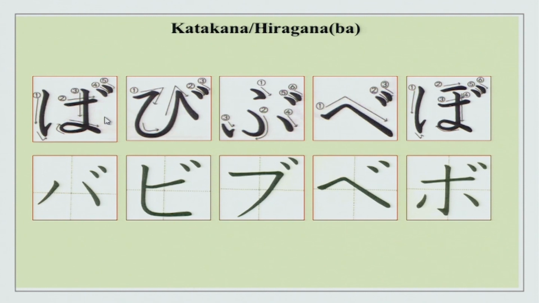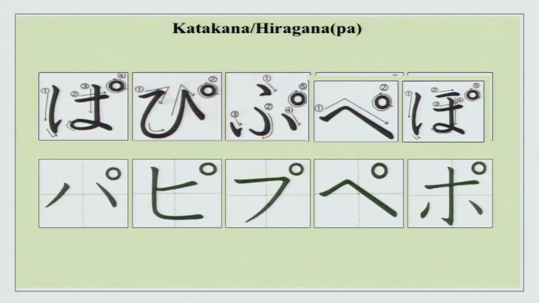So, well, you have the ba set today, ba, bi, bu, be, bo, and the same is for katakana as well, ba, bi, bu, be and bo. You can compare the two, try to remember one at a time. Once this series is done, then try to go on to the next series.